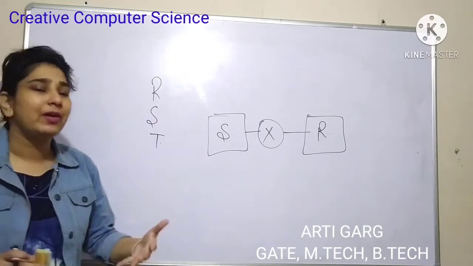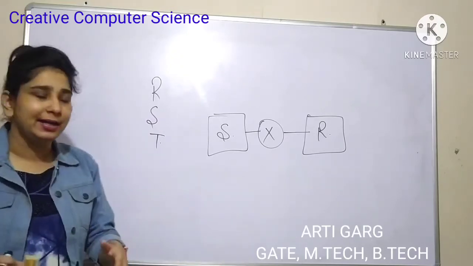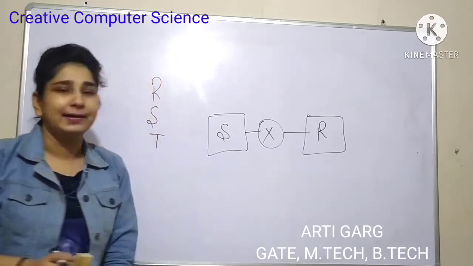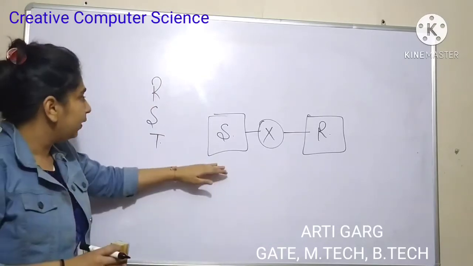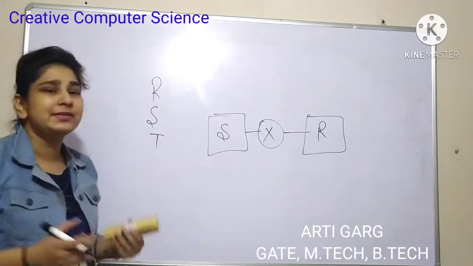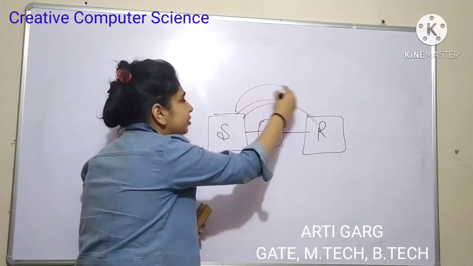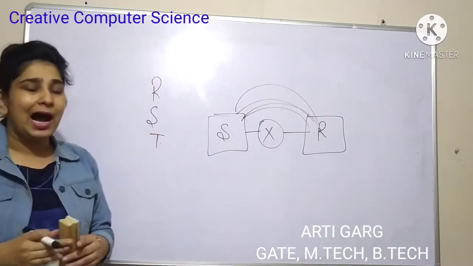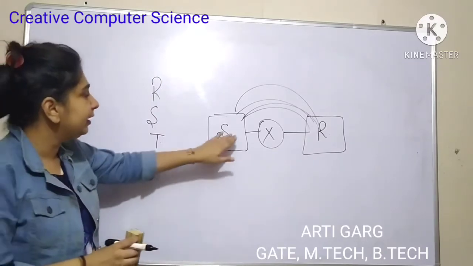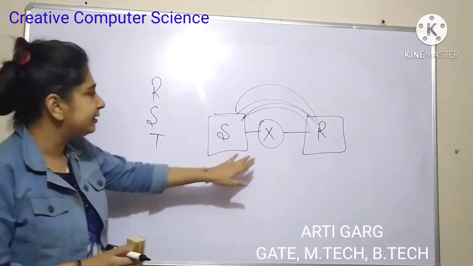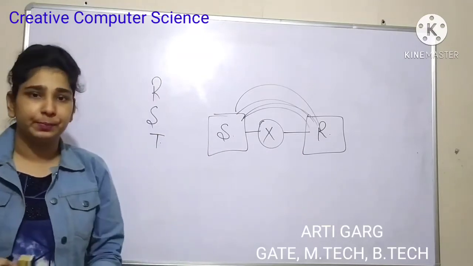They are just trying to establish a connection between sender and the receiver. They have established a connection and now the sender is sending data to the receiver. After connection establishment, the sender is sending data to the receiver.